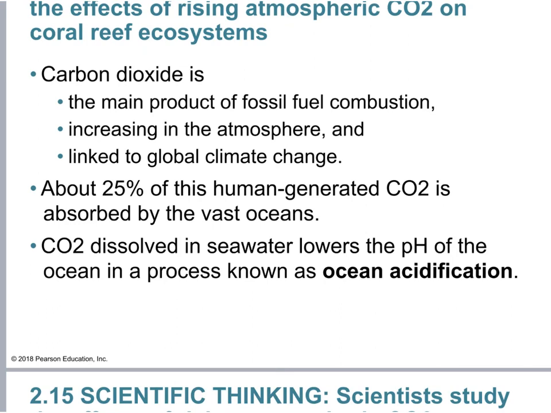In ocean acidification, CO2 dissolving in seawater lowers the pH of the ocean. Recent studies estimate that the pH of the oceans is 0.1 pH unit lower now than at any time in the past 420,000 years, and may rapidly drop another 0.3 to 0.5 pH unit from the current level of 8.1 by the end of this century.